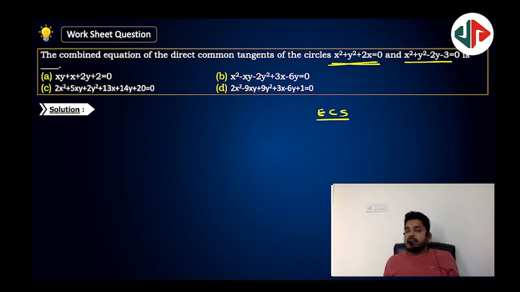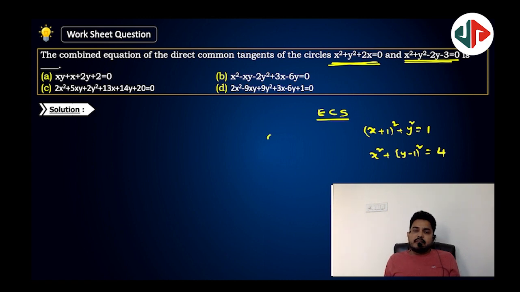From there you can write the pair of tangents. So just have a look at these circles. This circle is (x plus 1) whole square plus y square is equal to 1. And what about this circle? This circle is x square plus (y minus 1) whole square is equal to 4.